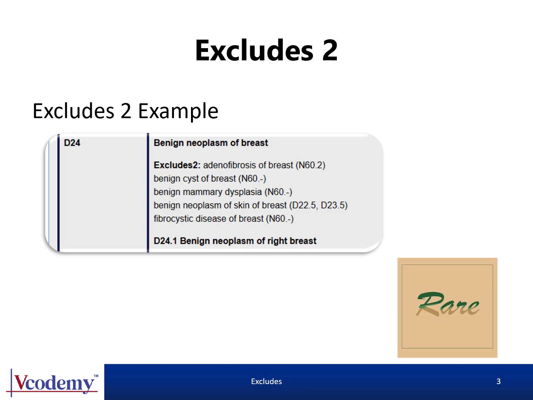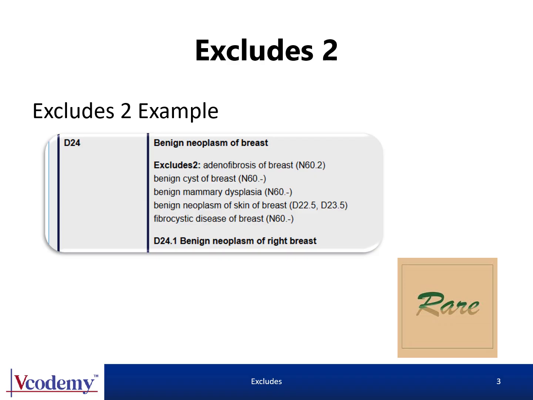The Excludes 2 codes you can report with the codes under the category for benign neoplasm of breast, because the conditions excluded aren't part of the condition represented by the code. You can report both codes together if the patient has both the conditions. These include the codes for adenofibrosis of breast, benign cyst of breast, and fibrocystic disease of the breast.